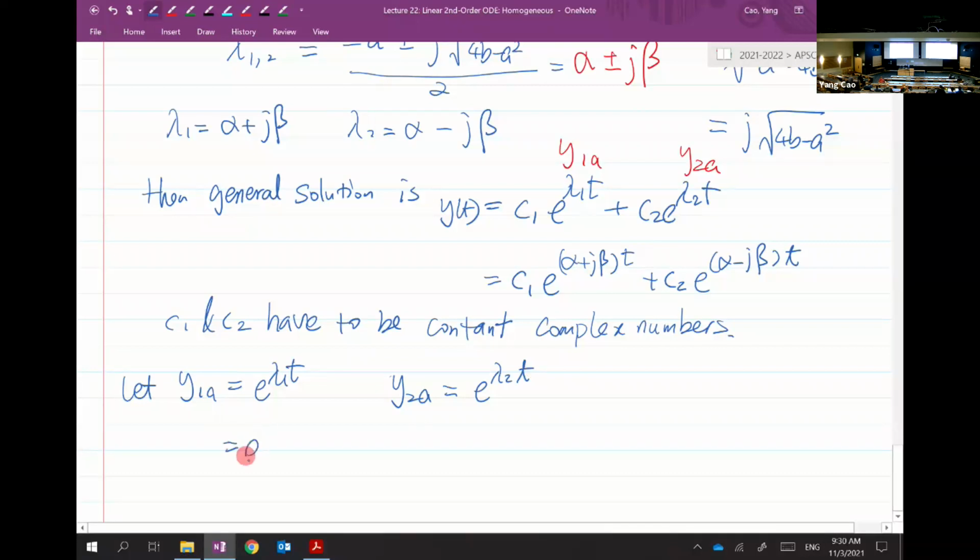If I write these out, lambda 1 is this term here: e to the power of alpha plus j beta t, and e to the power of alpha minus j beta t.